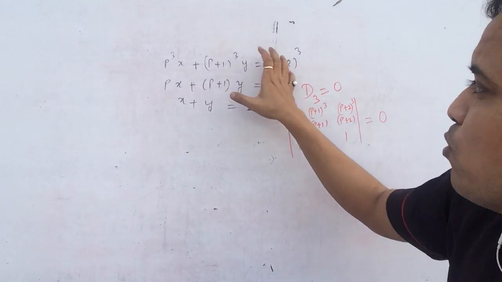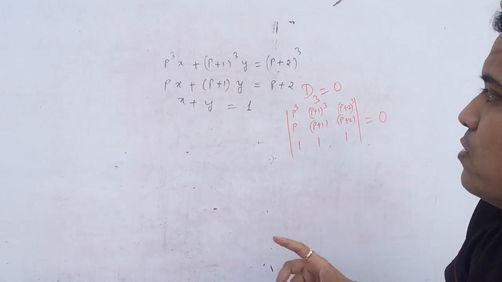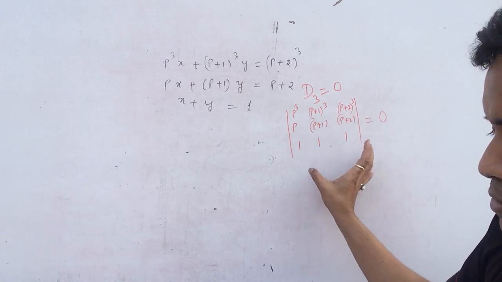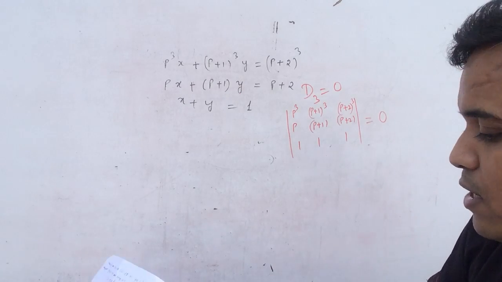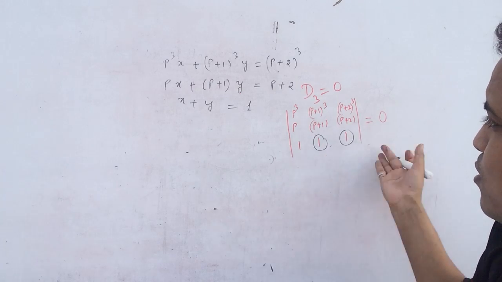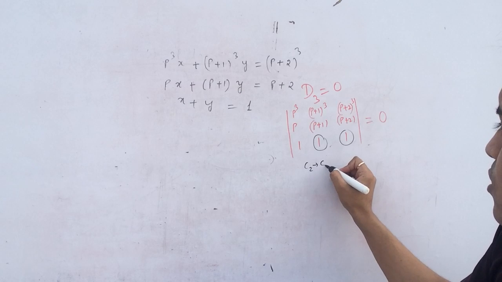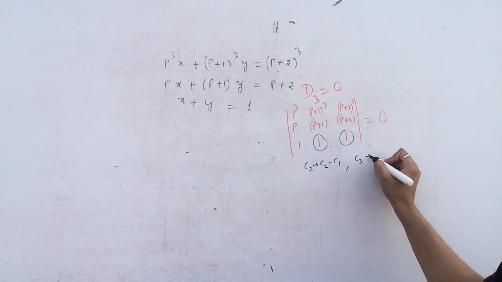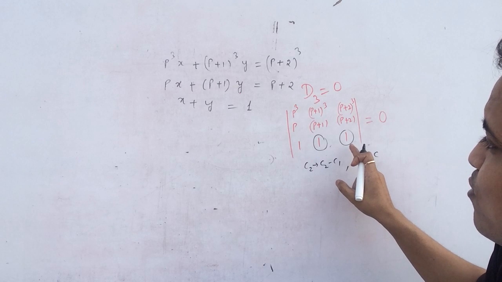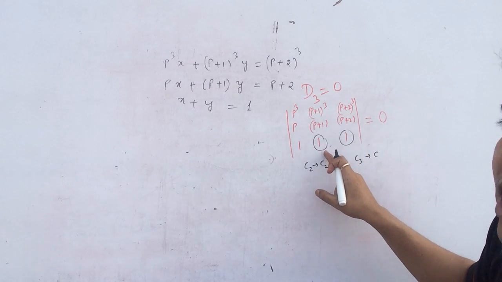It is given that the whole system of equations is consistent. That's why we can say d3 equal to 0. Since we need to find the value of p, we need to solve this determinant. How would you solve it? Make these two entries 0. You can apply c2 changes to c2 minus c1, and c3 changes to c3 minus c1, because you cannot do c3 minus c2, since column 2 has already been changed.